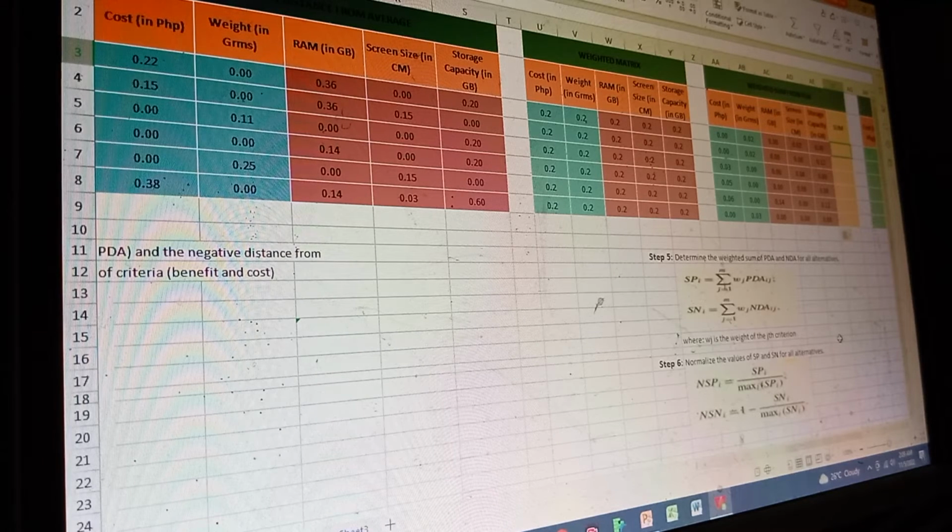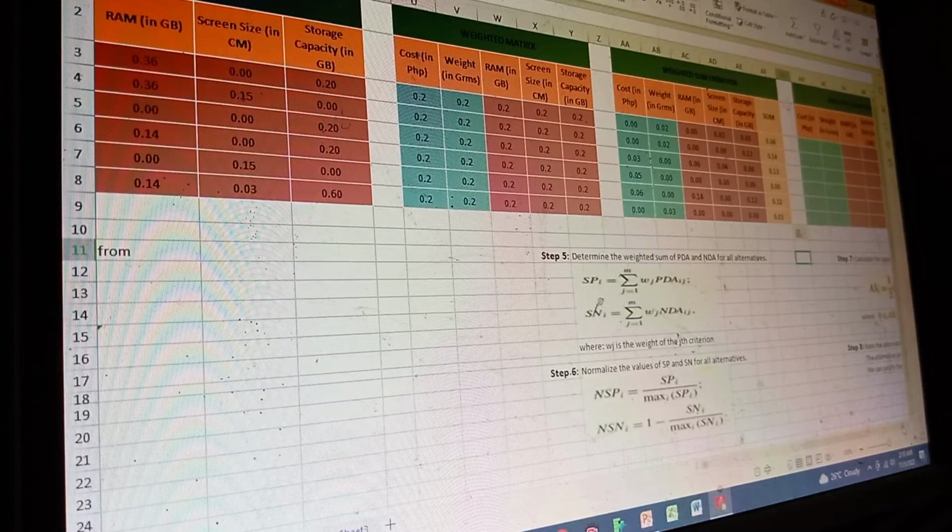The sum of this weighted PDA is equal to the sum of these values. Drag down to get all the sums of the entire alternatives.